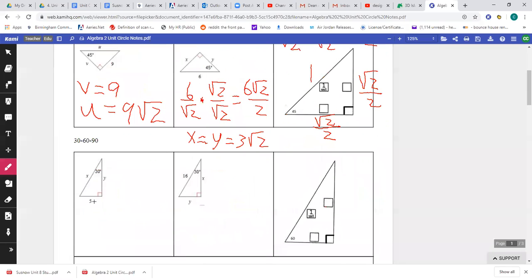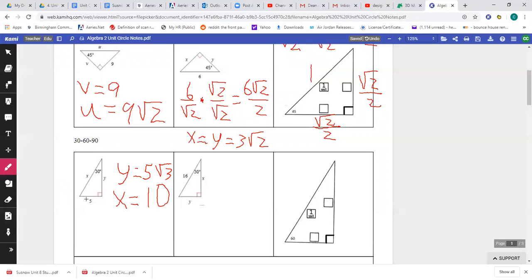If the short leg is 5, this is really simple. The long leg is just, you multiply it by √3. And then the hypotenuse, you multiply the short leg by 2. So 5 times 2 is 10. Okay.